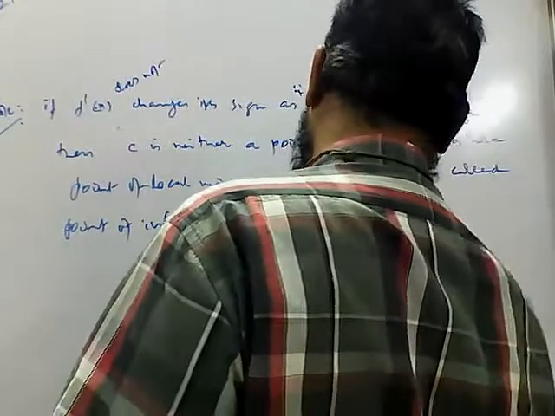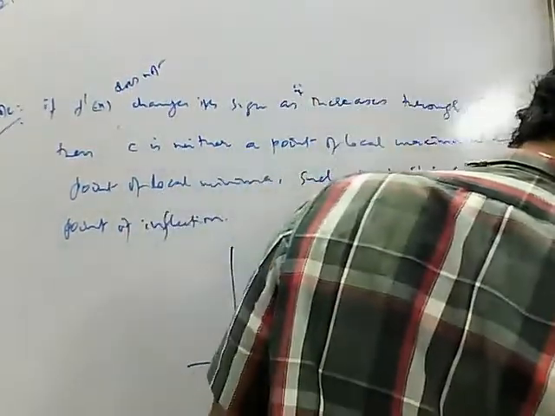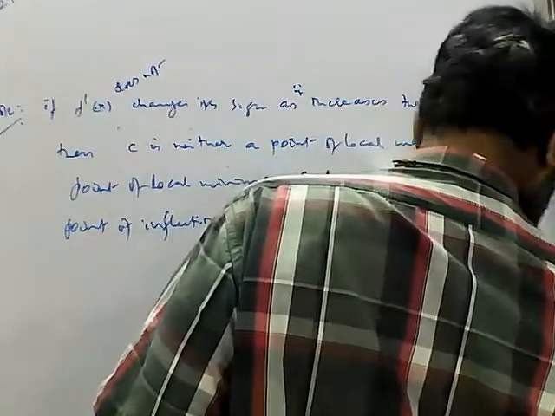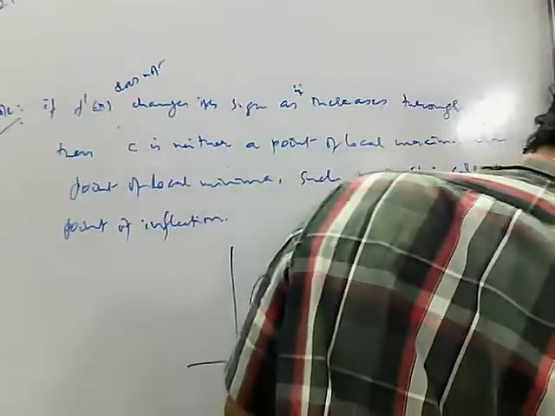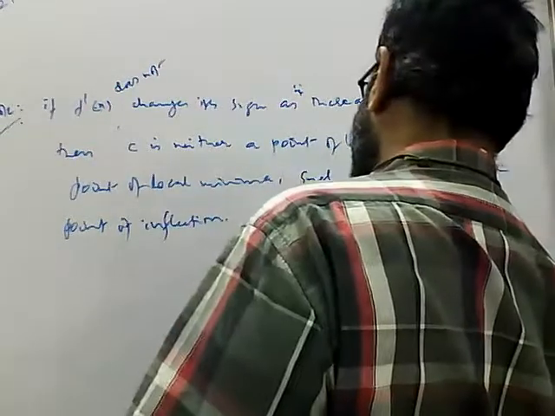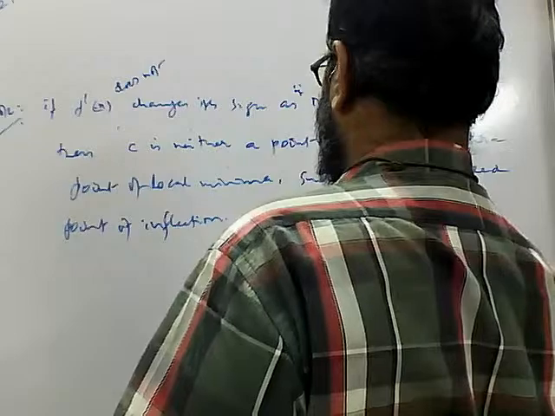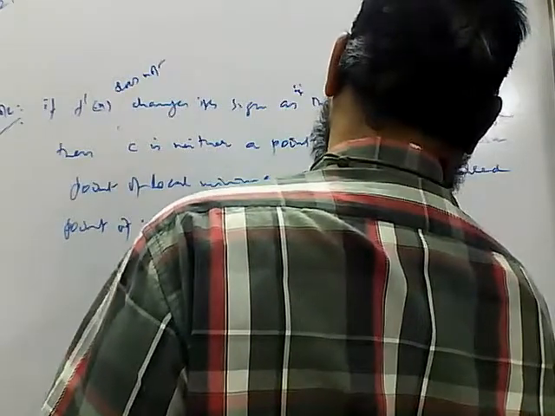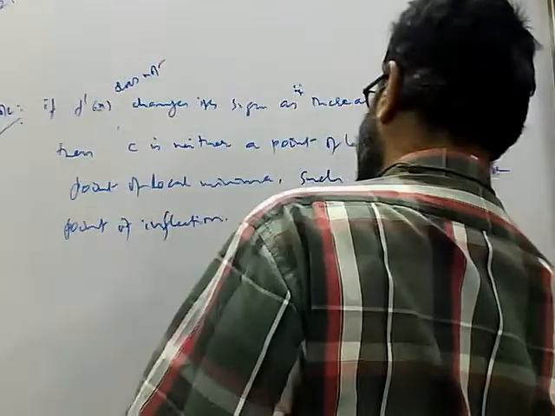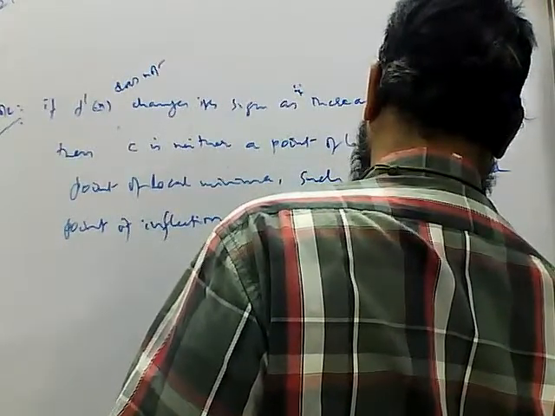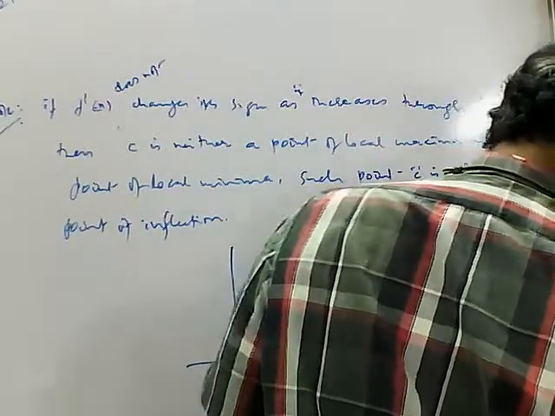We'll see an example here. f dash C1 is equal to 0. Here f dash x greater than 0, here f dash x less than 0. Next, C1, C2, f dash C2 is equal to 0. f dash x greater than 0.